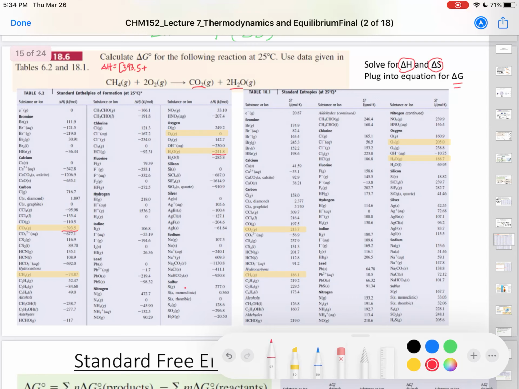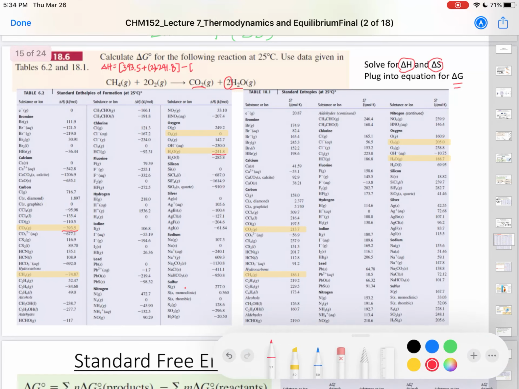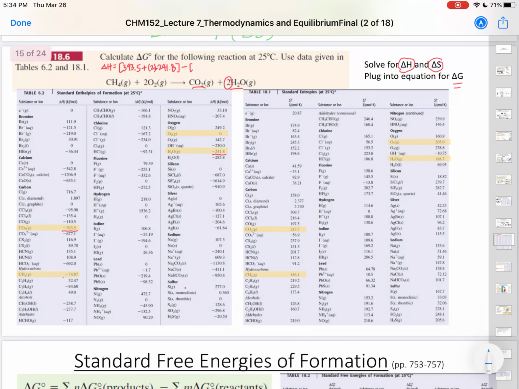subtract reactants. Oh, wait, hold on. Shouldn't write so small. Okay, there's 2 in front of H2O. So it is 2 times minus 241.8. Hopefully you can see that. It's a minus 241.8. And then we're going to subtract CH4.